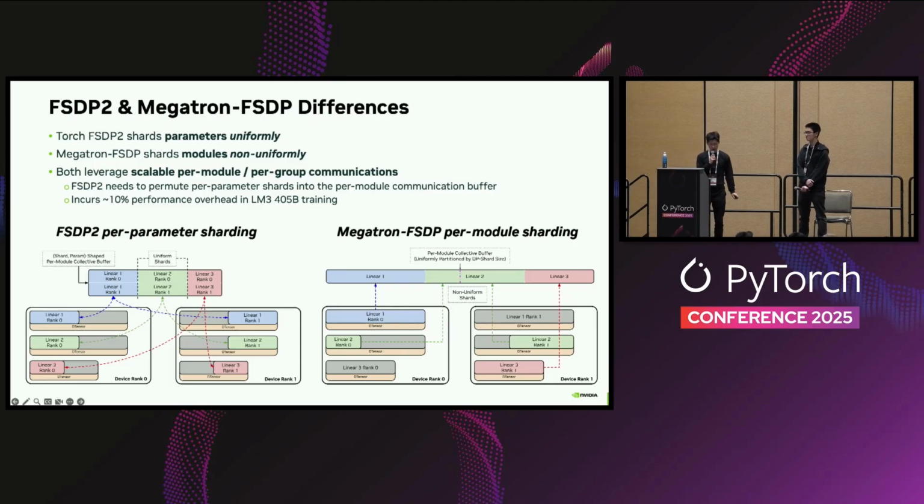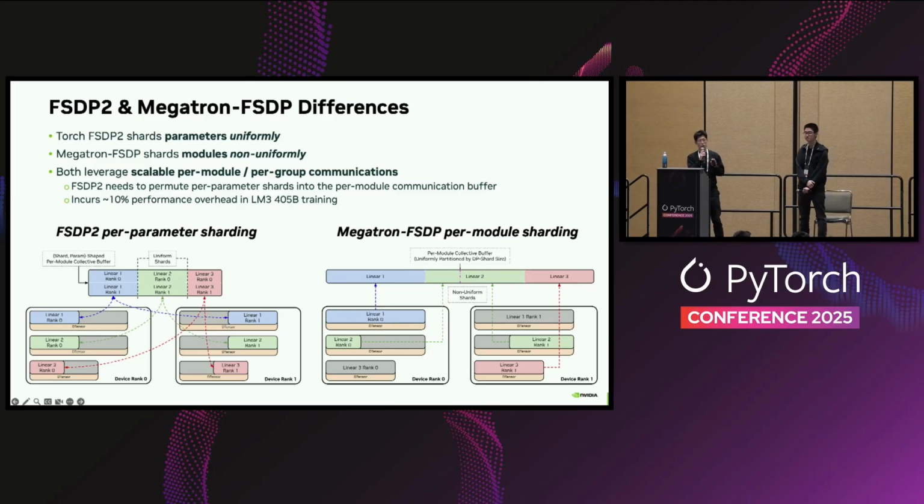So let me first show the sharding structure of Megatron-FSDP, comparing it to that of FSDP2. Both FSDP2 and Megatron-FSDP do the communication at the granularity of a module. The module is a transformer layer, to make the communication more efficient for bandwidth utilization.